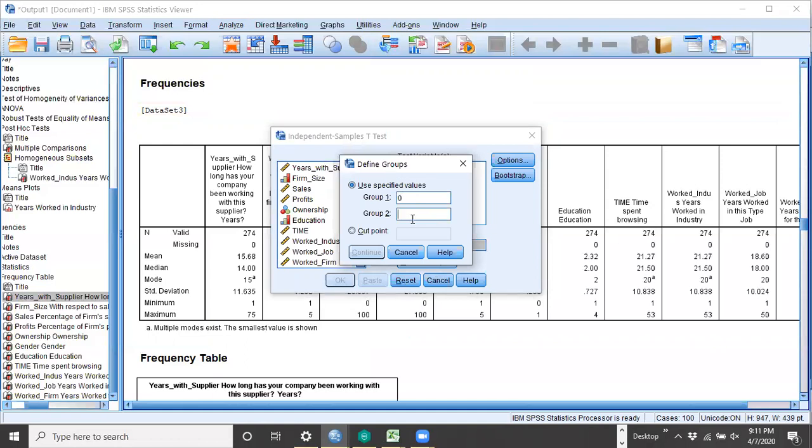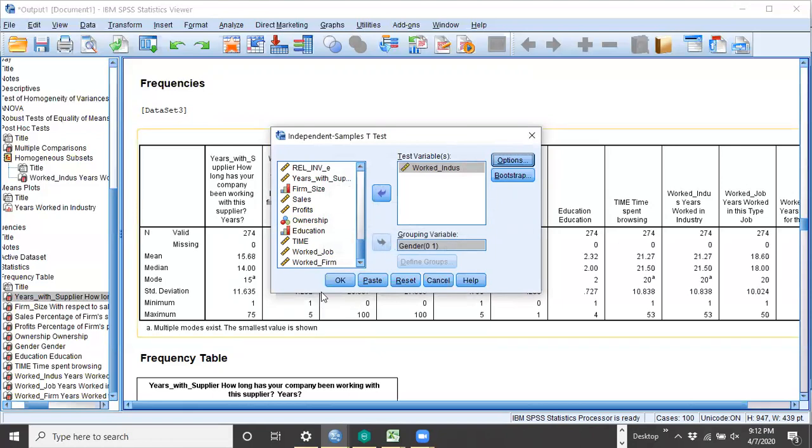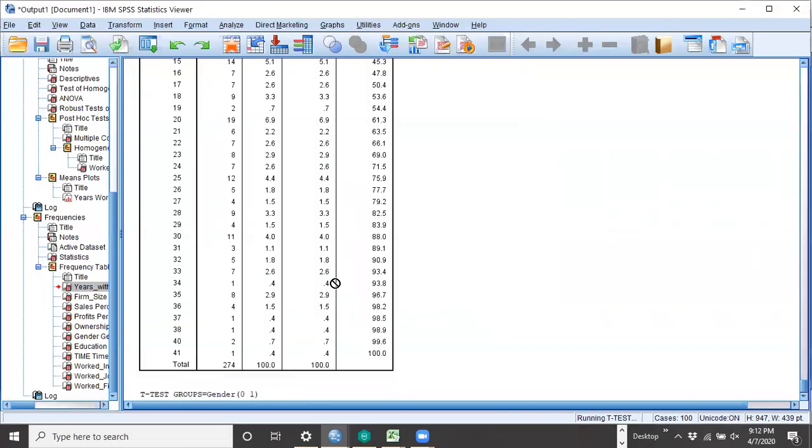And this is important to know because you will have to specify the groups in your independent sample t-test. You will have to specify your coding. And my test variable was worked in the industry. And I'll keep it as is. Don't do anything here. Hit OK.